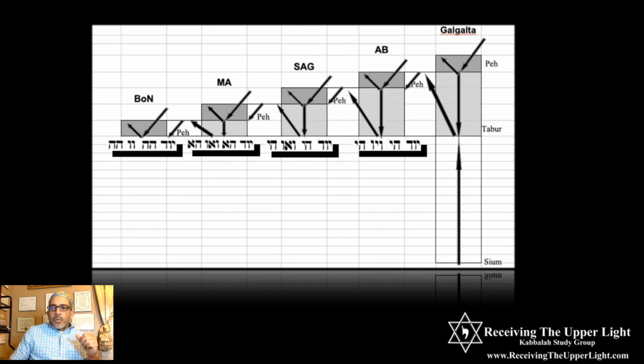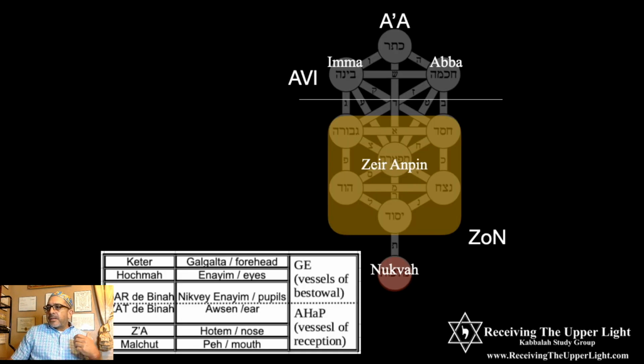Then we mentioned that when we're talking about the ascension of the worlds, which here in the Zohar is not going to be mentioned, but it's going to talk about the work or process that is happening, what you need to understand is that Arik Anpin is basically Keter.